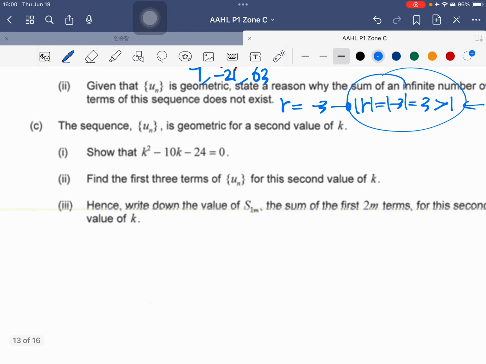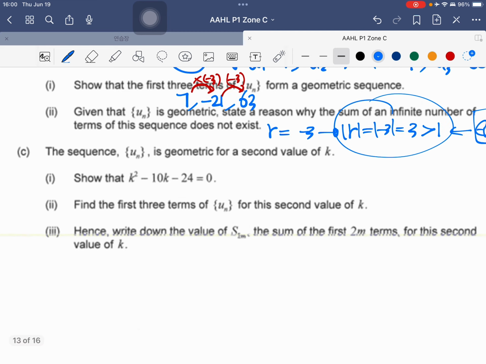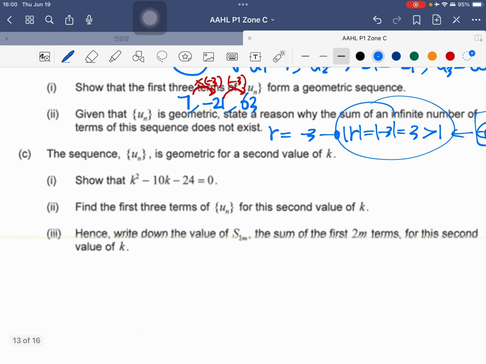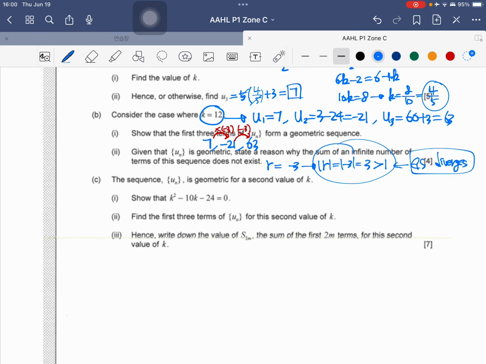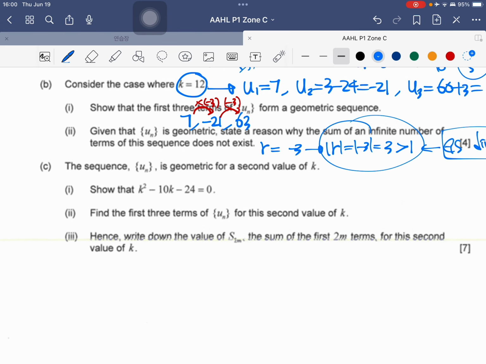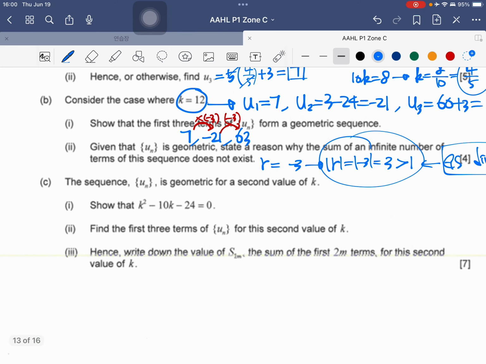C, the sequence un is geometric for the second value of k. Okay, show that this is true. The question is asking to find the condition when this sequence u1 to u3 becomes a geometric sequence.